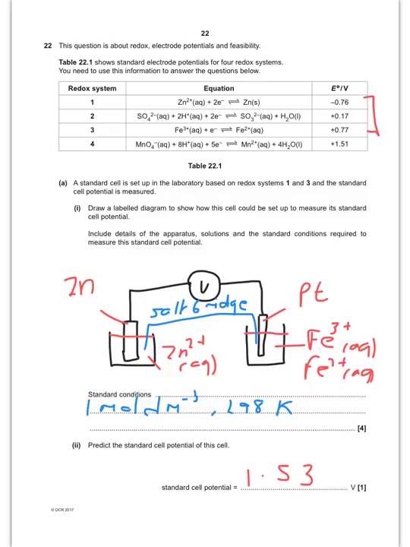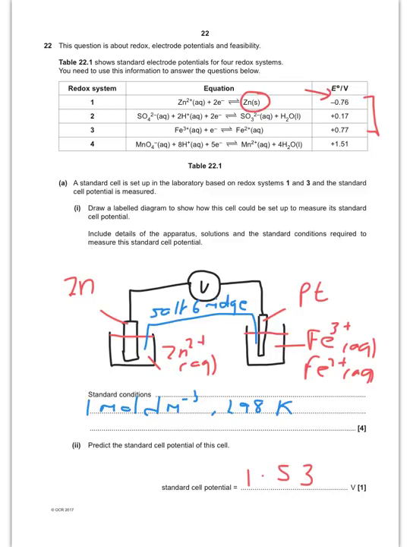The next question is to tell me which is the strongest reducing agent. So the strongest reducing agent is going to be the one that is most easily oxidized. And the one that is most easily oxidized is going to be zinc, because it's the most negative electrode potential.